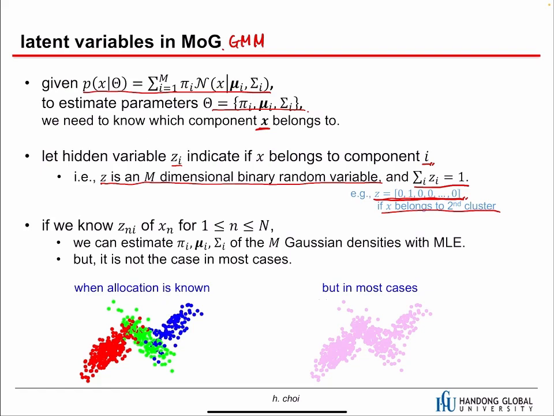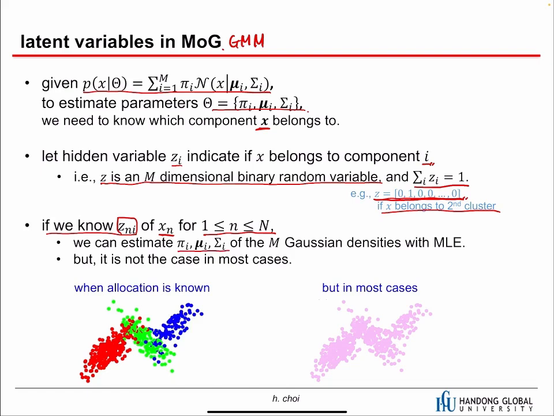If we know z sub i of x sub n for all n, which means for all the samples we know which component each one belongs to, then the estimate is simple.